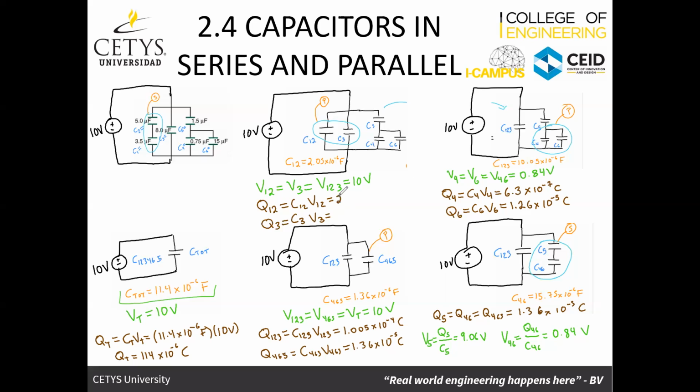So this one is going to be 2.05 times 10 to the -5. And the other one, charge 3, what is the value? It's going to be 8 times 10 to the -5 coulombs. I'm just doing that because they're multiplied by 10. But verify them.